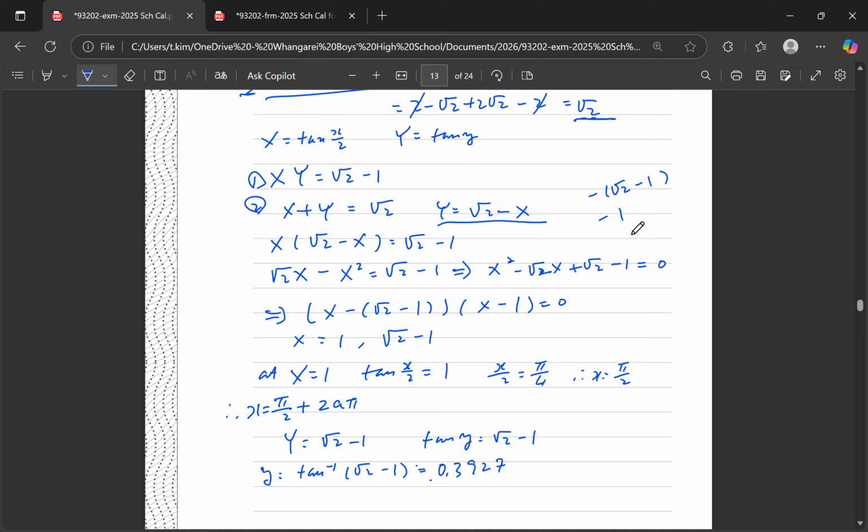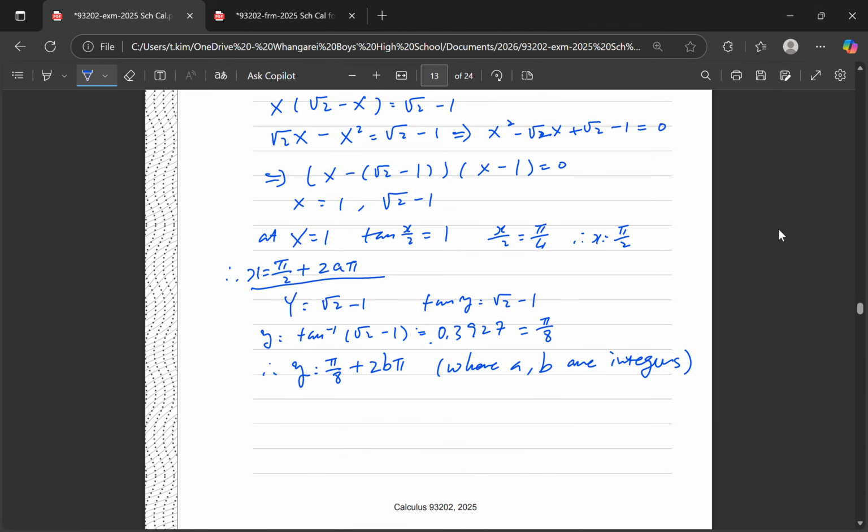Yes, I've got 3.14159, which is π. So what it means is this is going to be π/8. Okay, so therefore y must be π/8 plus 2bπ. So I'm going to write here where a and b are integers. That's how you generalize it.